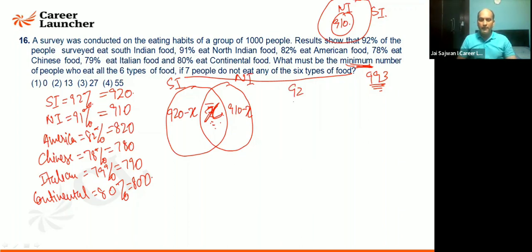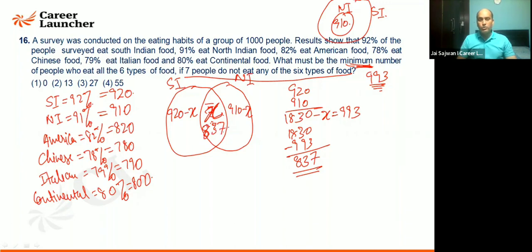So 920 plus 910 minus X plus X cancel out, leaving 1830 minus X, which I consider to be 993. So 1830 minus 993 gives the value of X. It is 837 people who eat both North Indian and South Indian food.